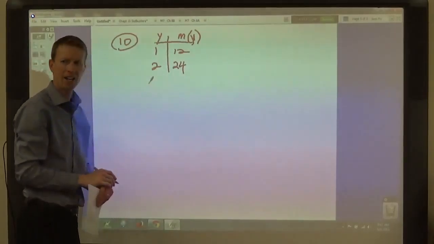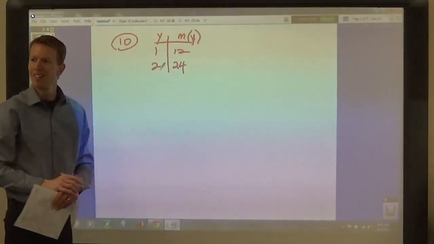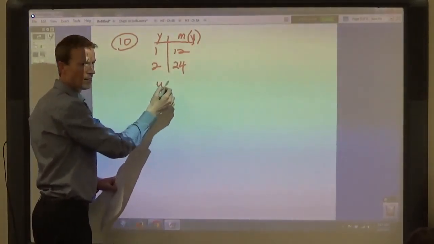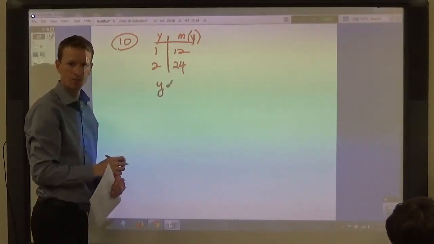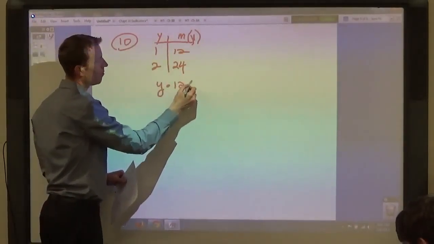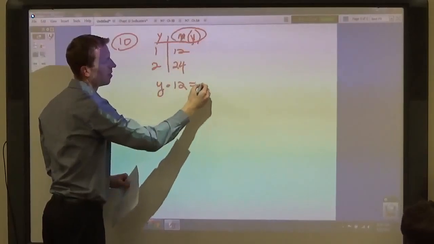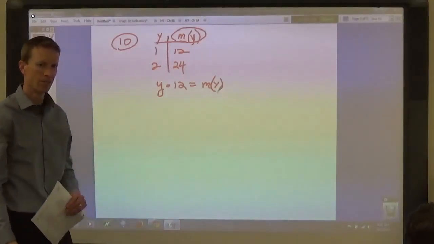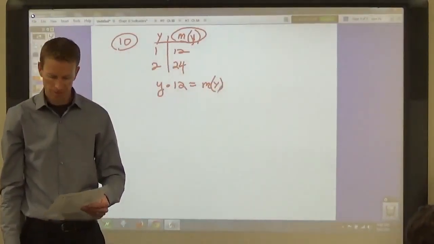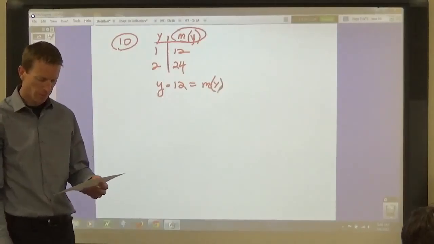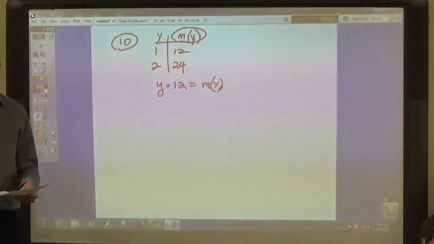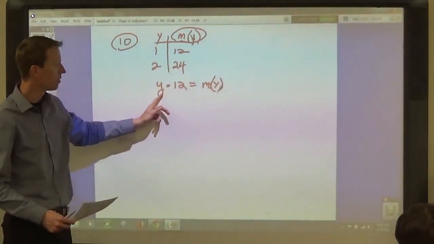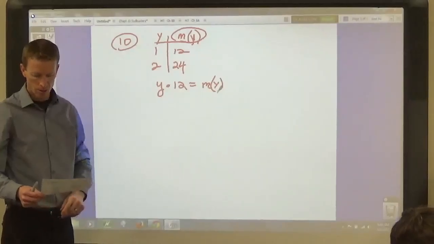Not adding 12, multiply, right? So y times 12 is equal to the m of y. The months of y is equal to the number of years times 12.